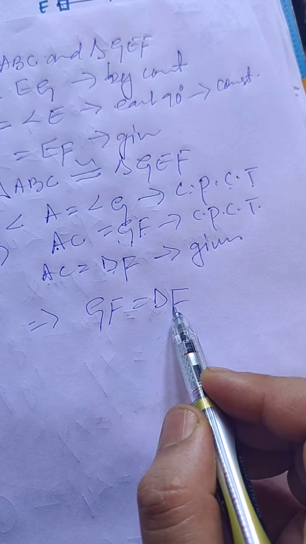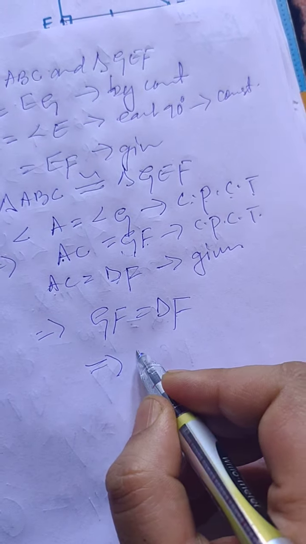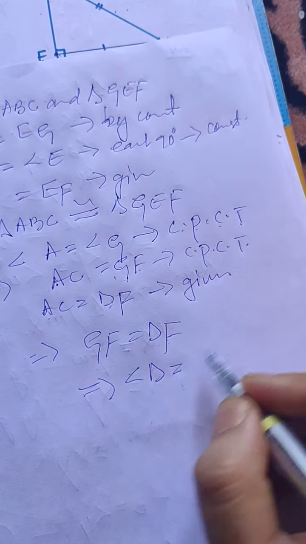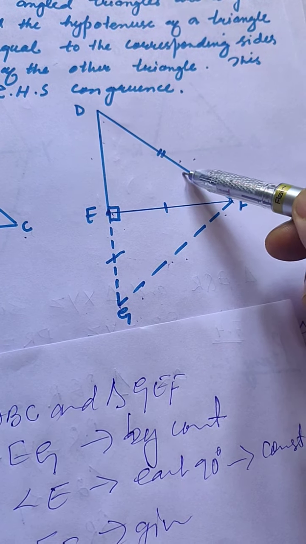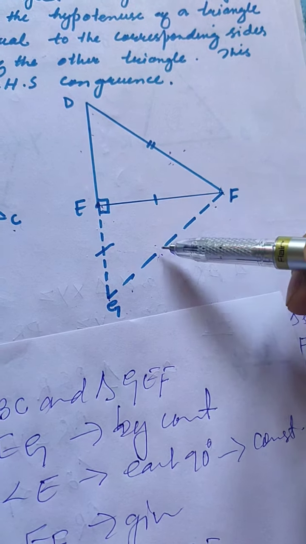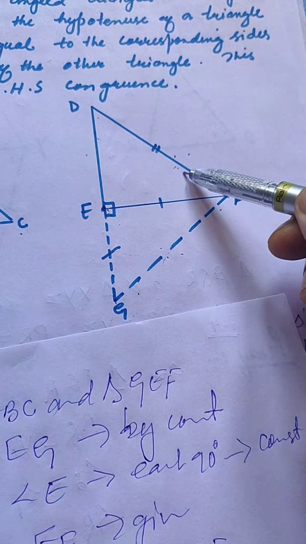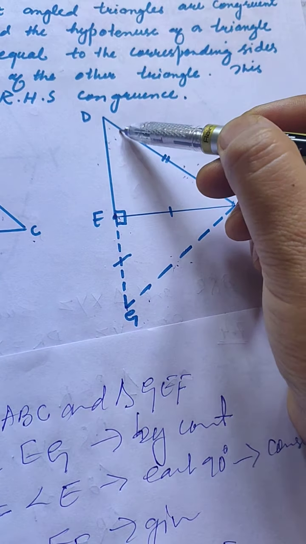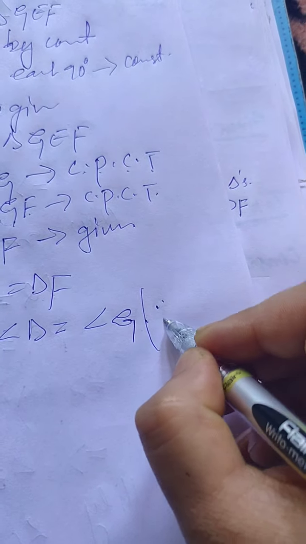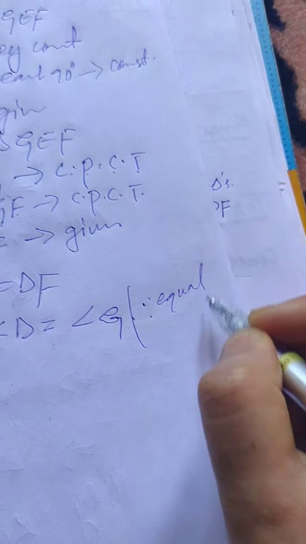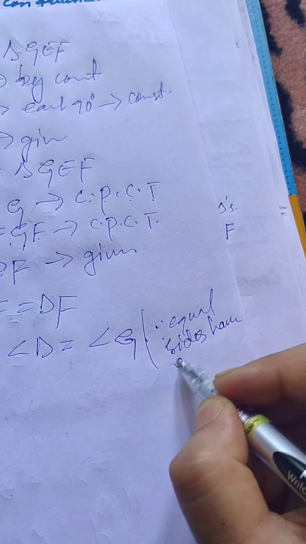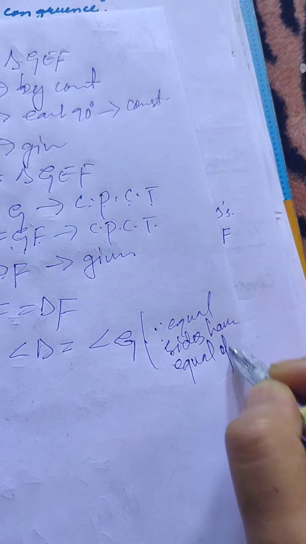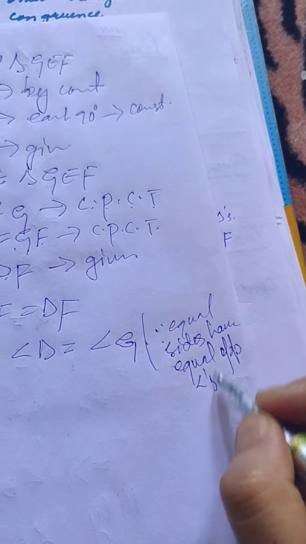Because if these two sides are equal, these are the opposite sides of a triangle, and if sides of a triangle are equal, then their opposite angles are equal. So here I have to write the reason: equal sides have equal opposite angles.